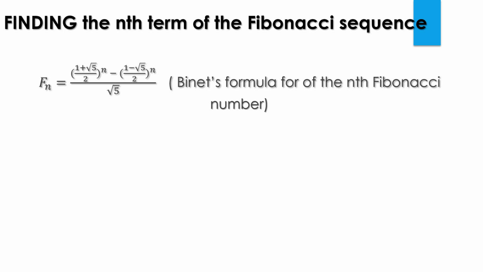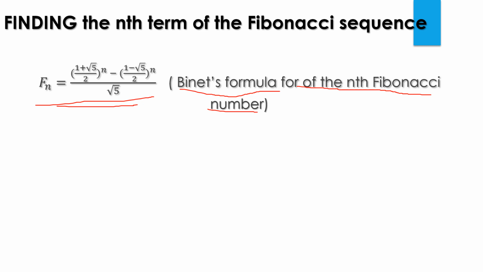So here, f sub n is equals to 1 plus square root of 5 all over 2 raised to n minus 1 minus square root of 5 over 2 raised to n all over square root of 5. Again, this formula is what we call the Binet's formula of the nth Fibonacci number.